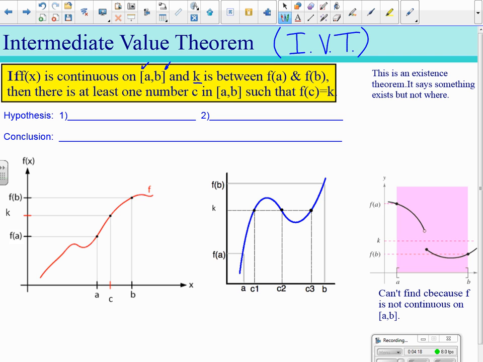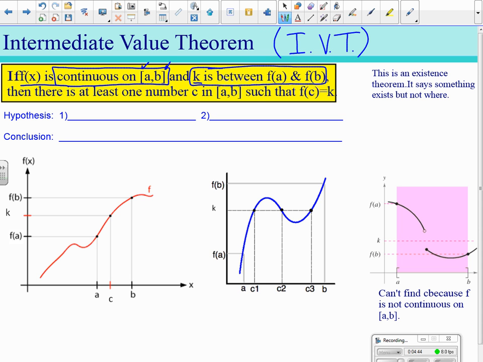Remember in geometry when we wrote if-then statements, we made you identify the hypothesis and the conclusion. So that's what we're going to do here. The hypothesis actually has two parts. If f of x is continuous on the closed interval and k sits between, there's a two-part hypothesis.